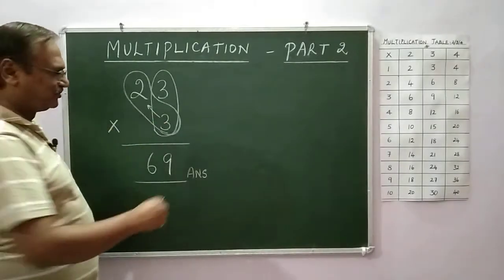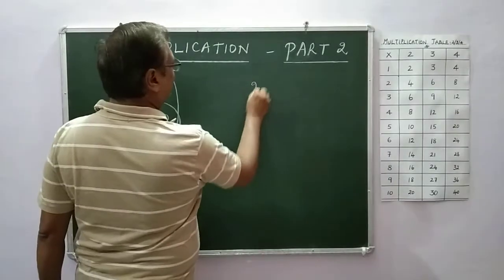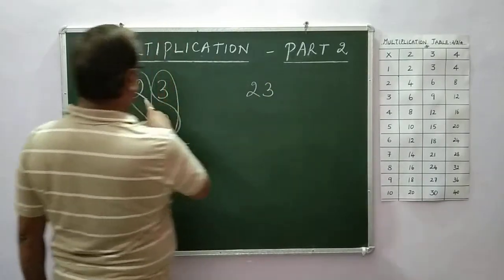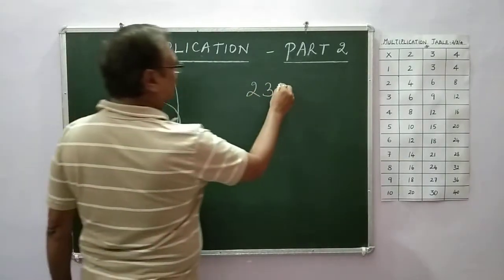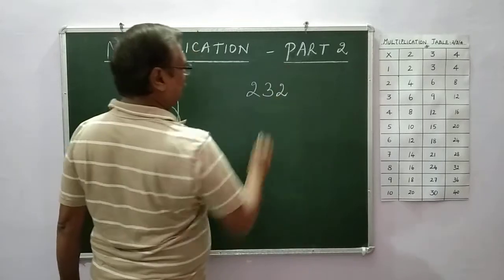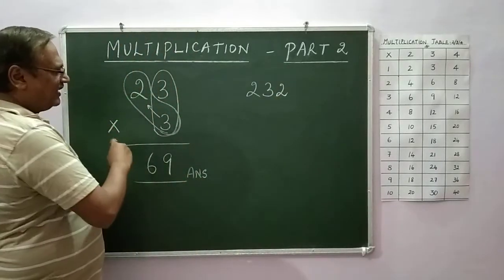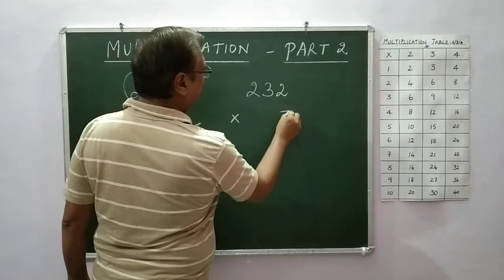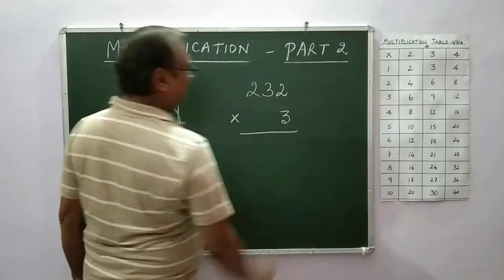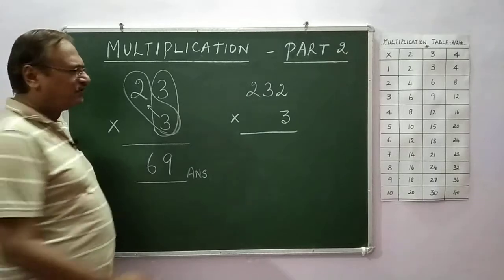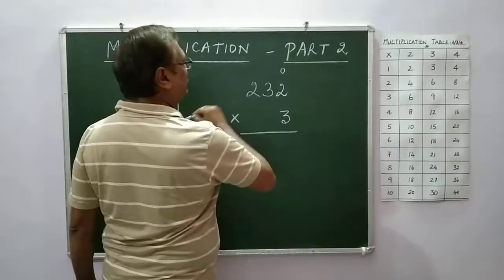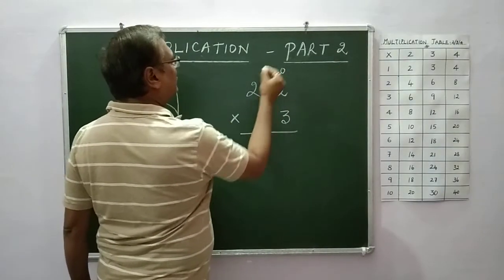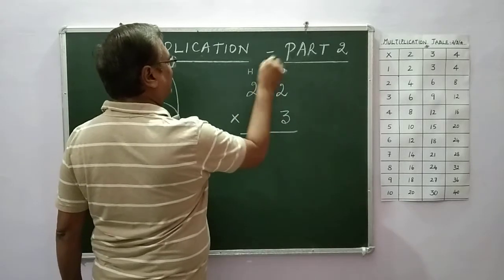Now what am I going to do? I am going to multiply a 3-digit number, 232, by 3. When I multiply, again what do I do? This is the 1st digit, this is the 10th digit, and this is the 100th place.